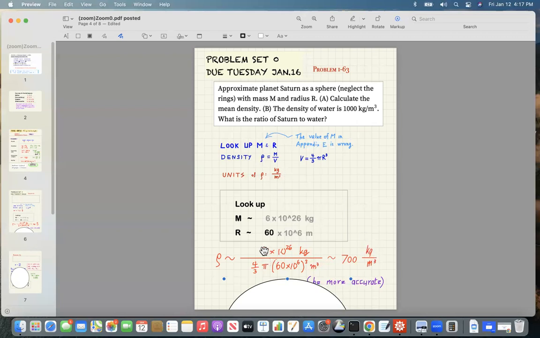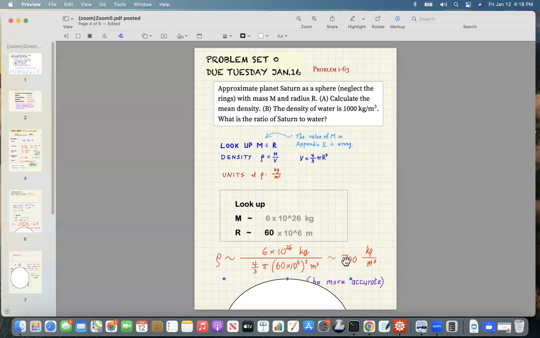Now it's the number. So you have your calculator, you have 6 exponent 26, 4/3 pi in the denominator, 6 exponent 7 cubed. Try it with your calculator, and you'll get a number which is about 700. I'm just making a rough estimate here, so I don't write equals because it's not exact.